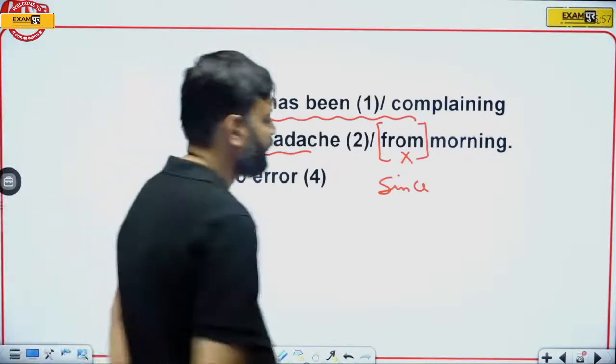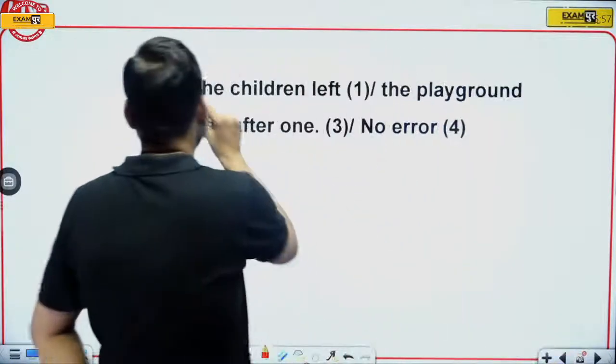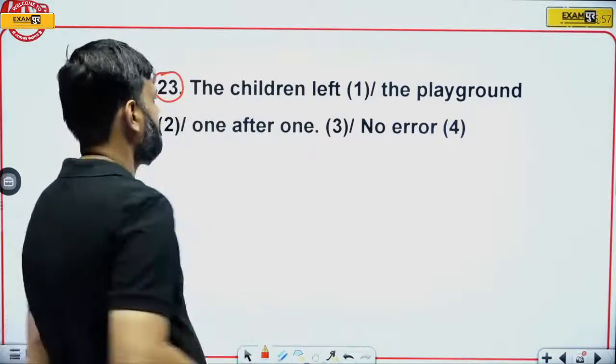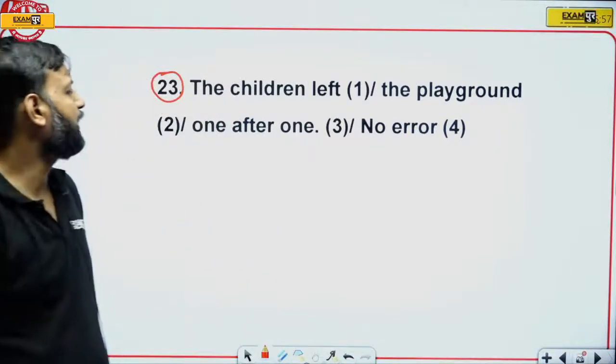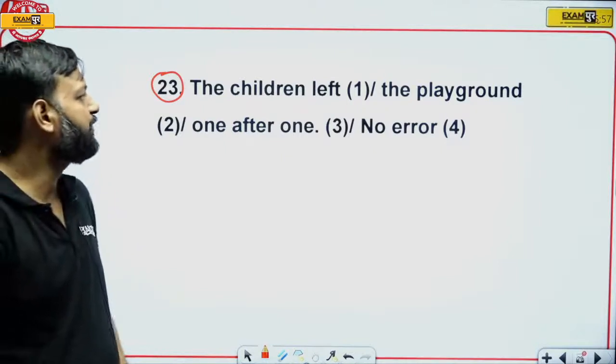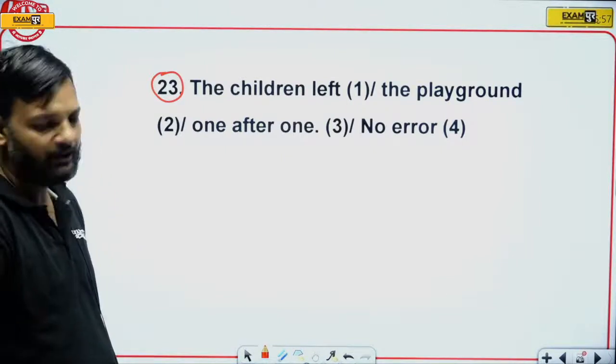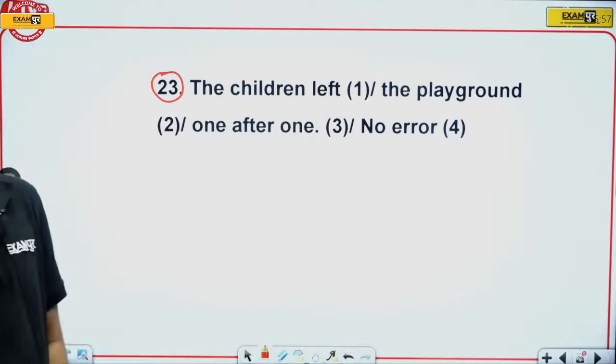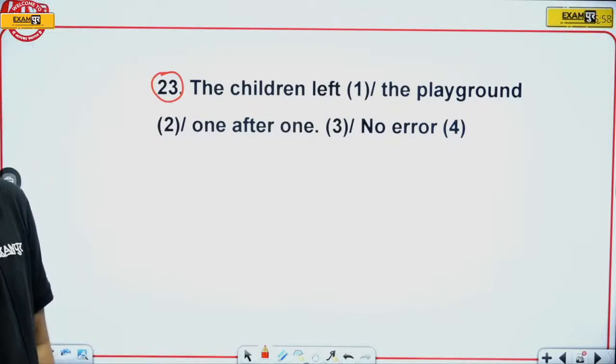Okay. Now the next one, question number 23. The children left the playground one after one. What should be the error here?